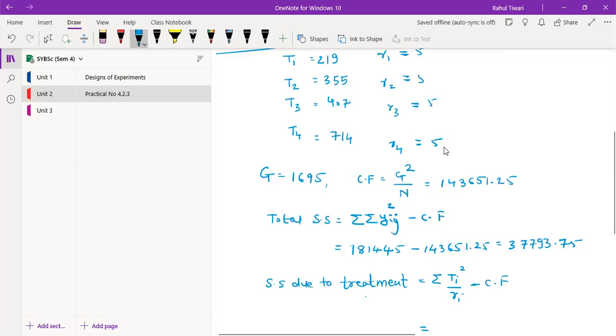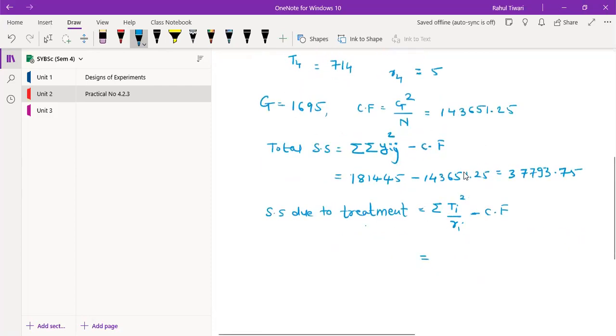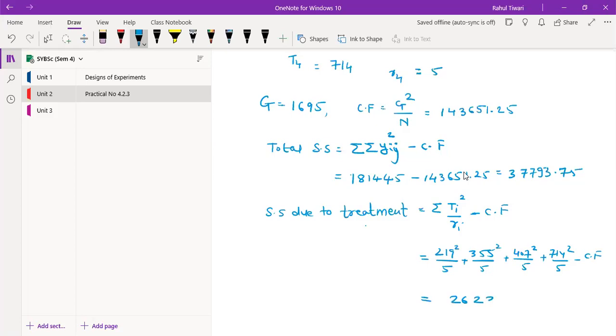So this is 219 square upon 5 plus 355 square upon 5 plus 407 square upon 5 plus the last square upon 5, minus CF. When you do these calculations, you may get 26234.95. Just check whether this is right or not. Yes, sir.